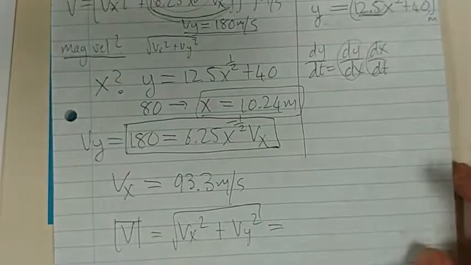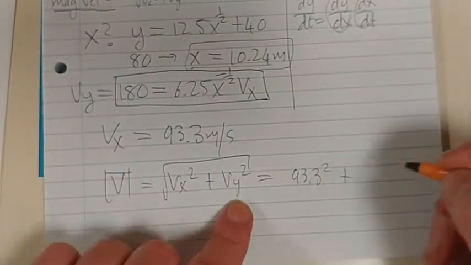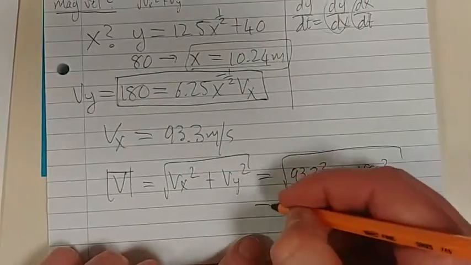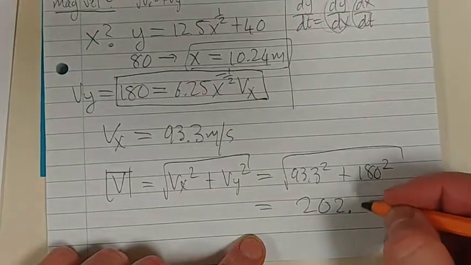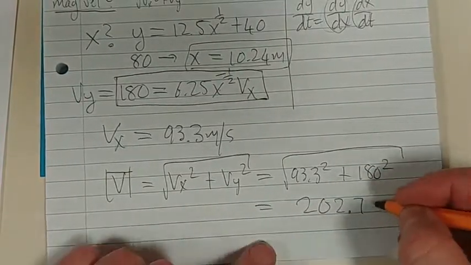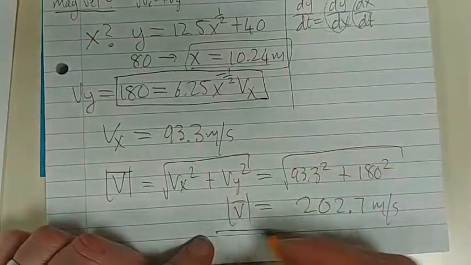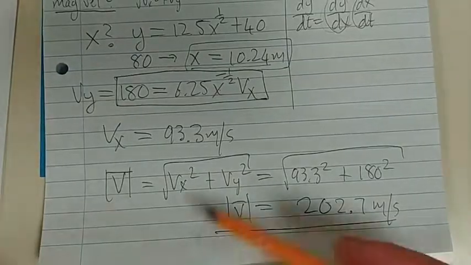So it's 93.3 squared, and Vy is given as 180 squared. If we get the answer, I calculate 202.7 meters per second. So that's the speed. I think the answer in the back of the book was 201, so I'm not that far out. But guys, please just take a look at the methodology.